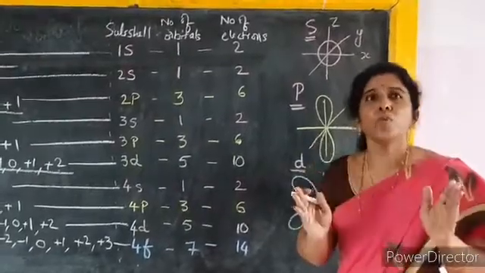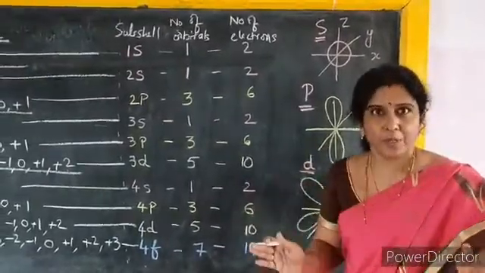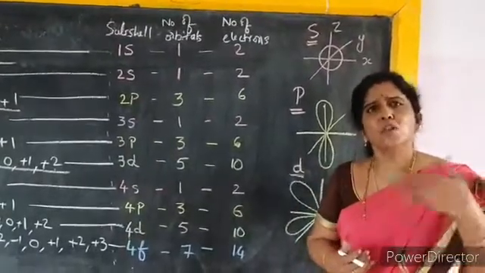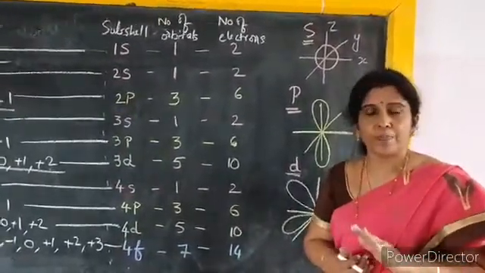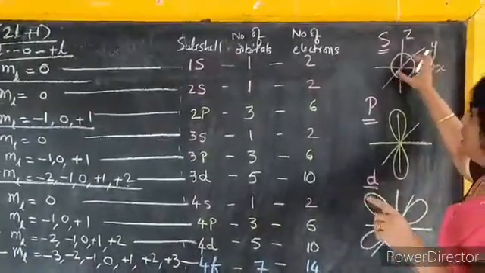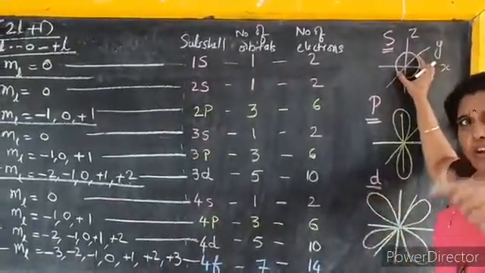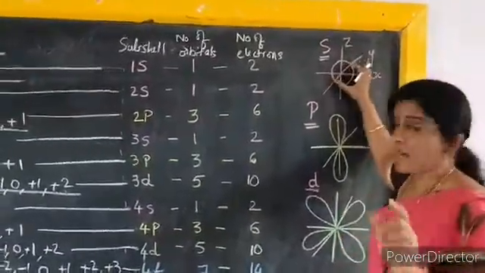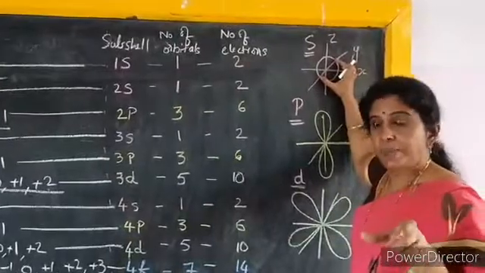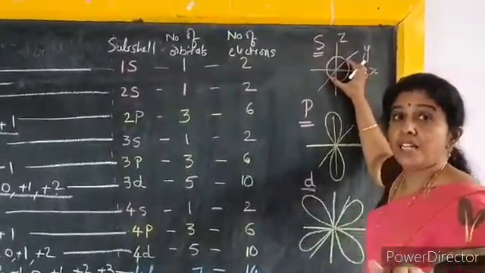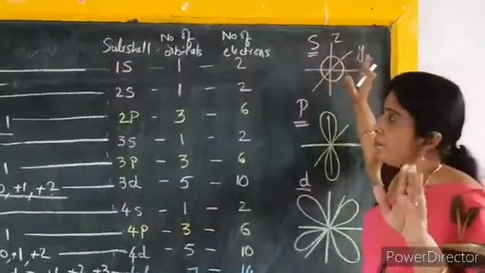Because there are only 2 possible spins, there is no third spin. So every orbital can accommodate the electrons with opposite spins but not same spin. For example, in a particular orbital, we cannot accommodate 2 electrons having clockwise spin or 2 electrons having anti-clockwise spin.